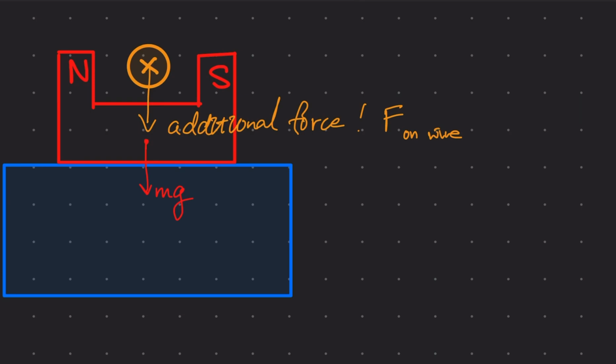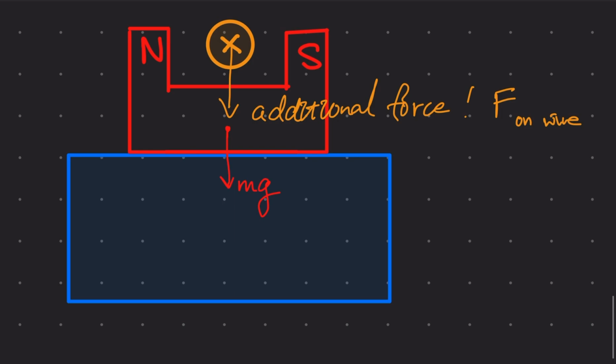And let me just draw the normal reaction force of this on wire force. This is the F. This is F on magnet. Now, I want you to take a close look at my two forces right here.